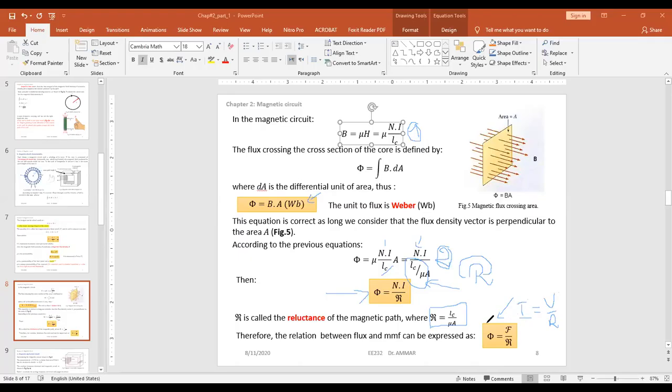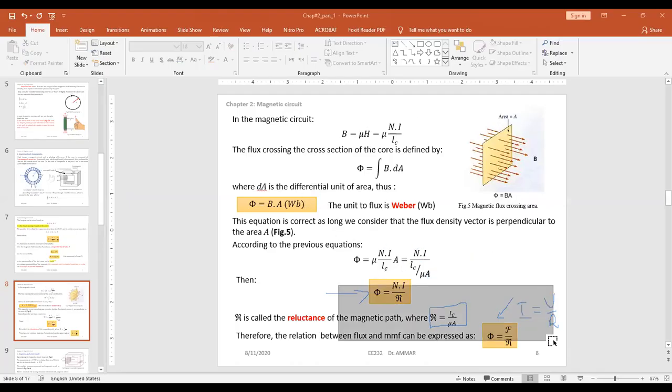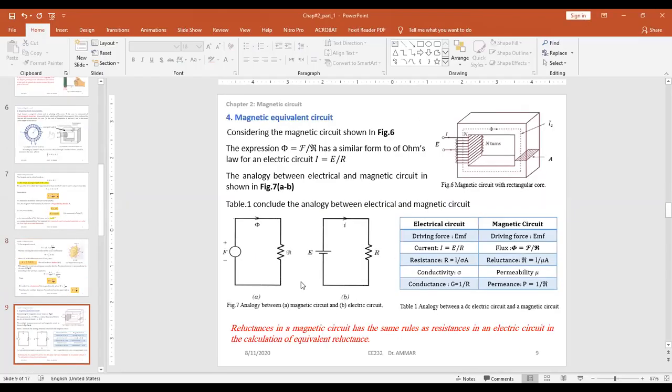The flux is what circulates, what flows through this core. So we have this analogy. When you understand this analogy, the magnetic circuit will be easy. That's why we use circuit analysis, as you have seen before for the electric circuit, also in the magnetic circuits. Okay, let's see the next slide, and things will be more clear in the next slide.